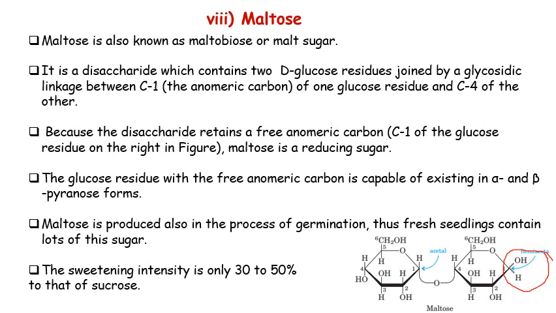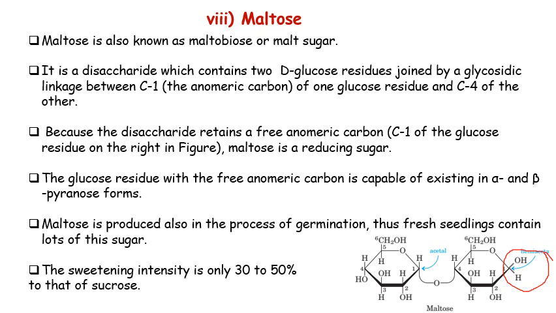That is why fresh seedlings contain a lot of sugars, maltose sugar, and in most countries, even our country, people used to cook the seedlings of some cereals just to consume this maltose sugar.